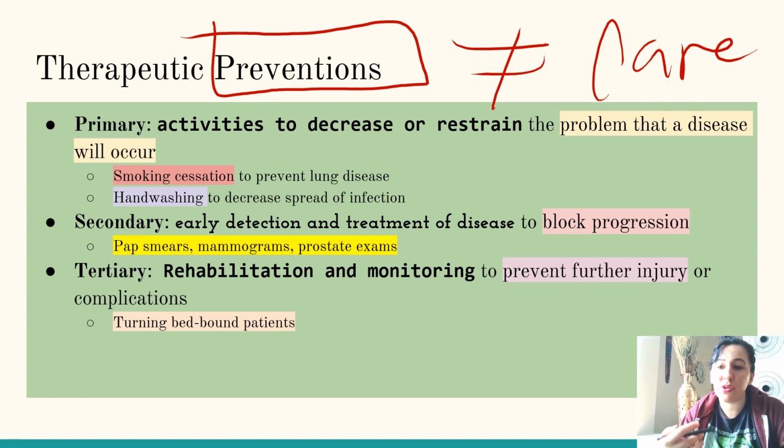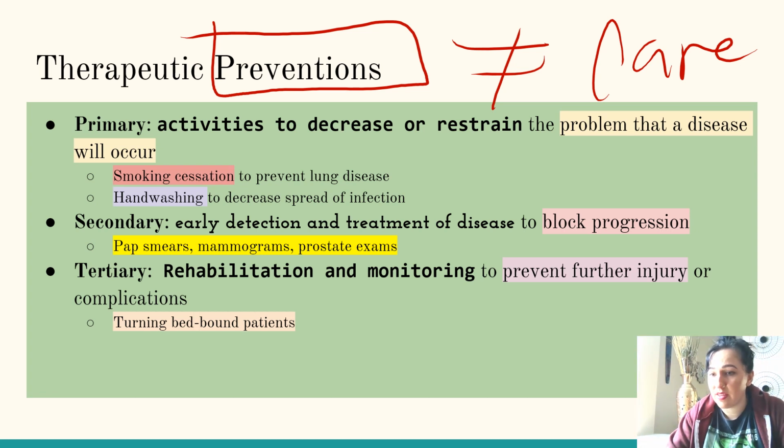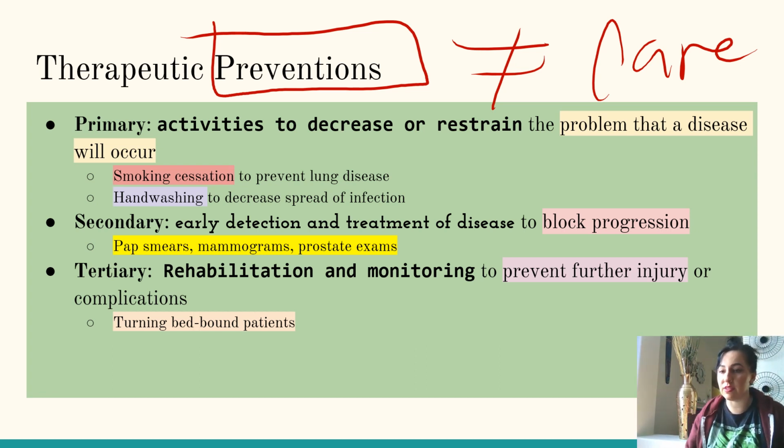So in order to block progression, or just to try to stop it and not allow the disease to progress and move forward. Also, this whole social distancing thing and staying away from people can also be considered secondary prevention, because if you have the disease and you're able to not be hospitalized, you can actually be at home.